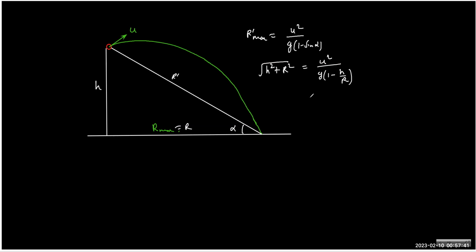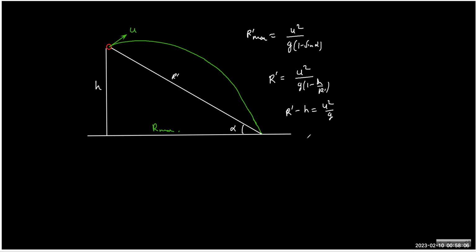And then, you simply multiply. So R dash minus H equals U square by G. So R dash is how much? It is clear? And this is correct, no?